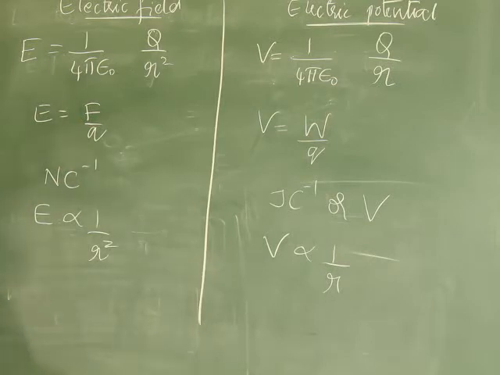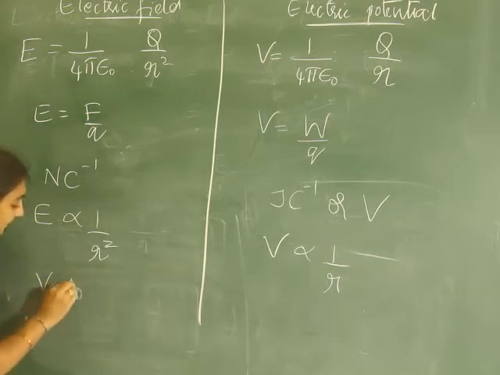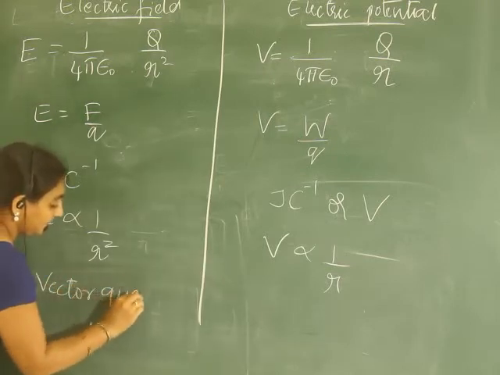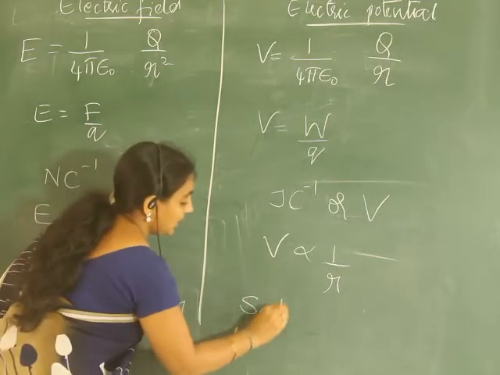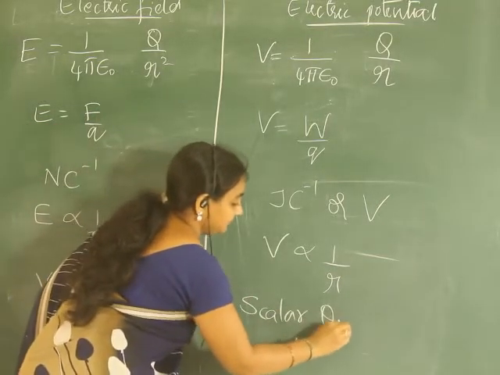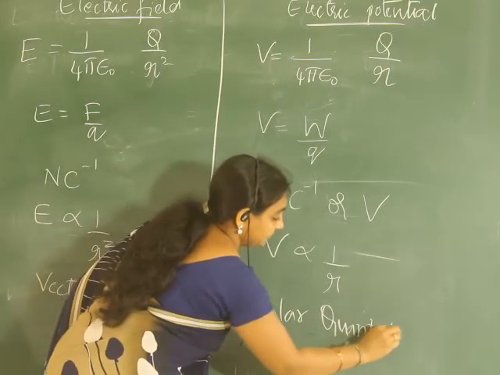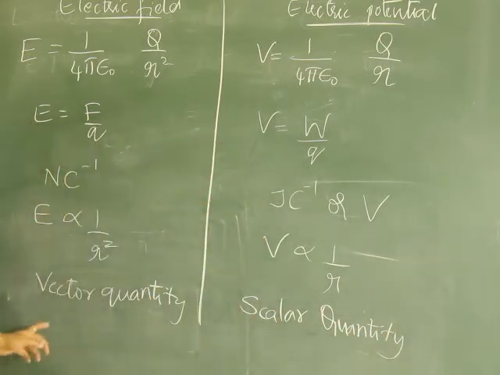Then one more, can you help me? Electric field is a vector quantity, whereas electric potential is a scalar quantity.